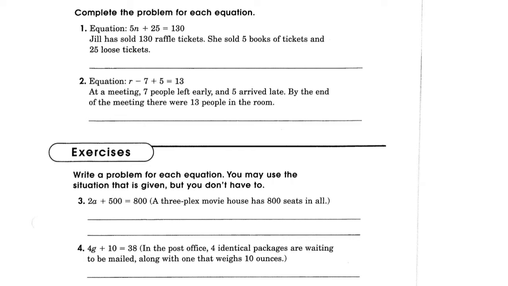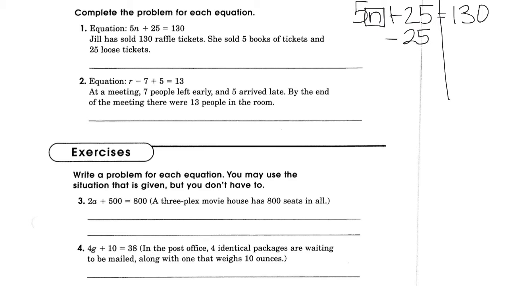So if we rewrite our equation as 5n plus 25 equals 130. Remember, I said to box in the variable, draw a line down. Now, you work backwards, and you're going to subtract 25 from both sides.